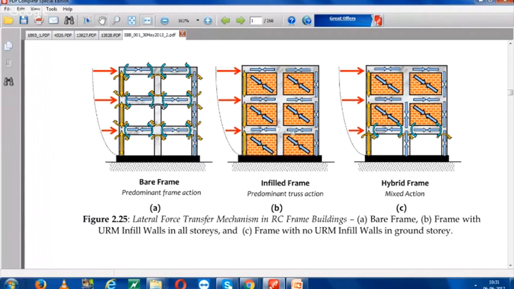So if you are having an infill kind of building, a lot of research is going on for infills. I am also doing one research on these infill walls. In another lecture, I will tell you about the technology I have made for load bearing type of structure; now we are testing that technology in the frame structure also, to see how it will behave as an infill.